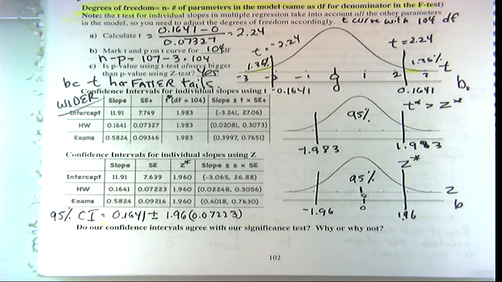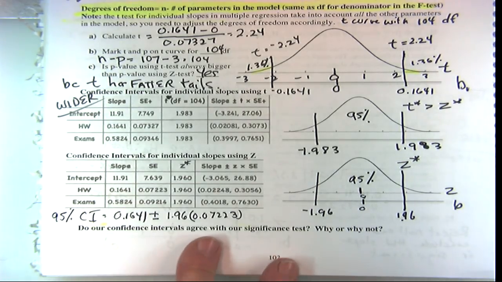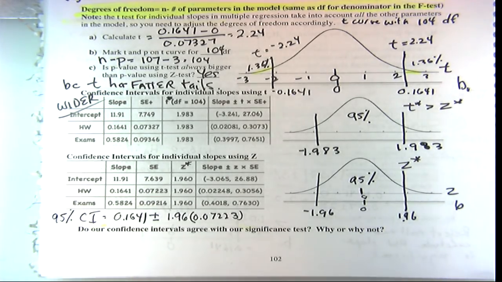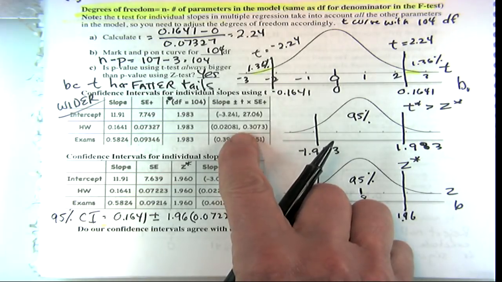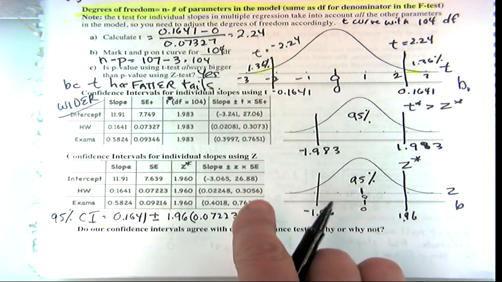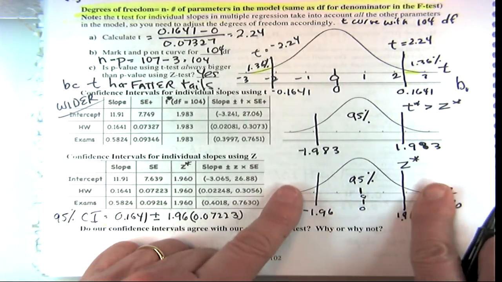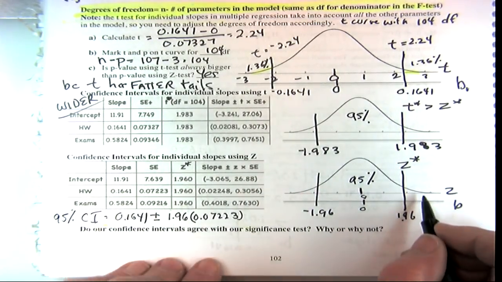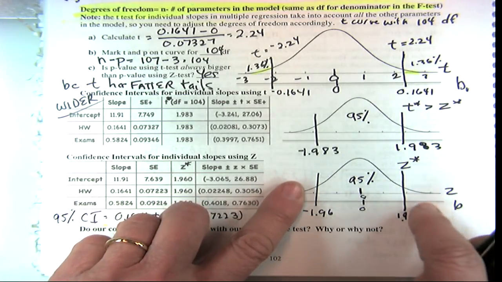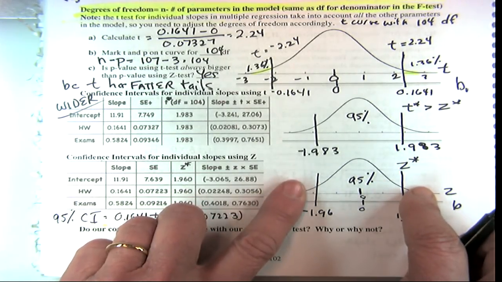All right. So the question is now, do our confidence intervals agree with our significance test? What did our significance test do? It rejected the null. And for our confidence intervals, you check, do they include 0? Do they? No. So that means we're outside this range. We reject the null. It's the same exact thing as getting a p-value of less than 5% in the tails.